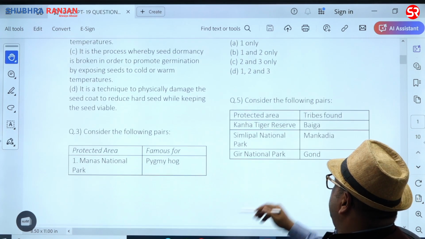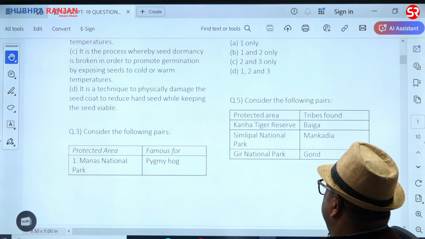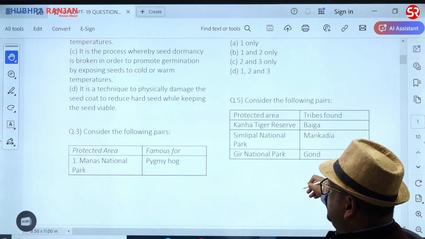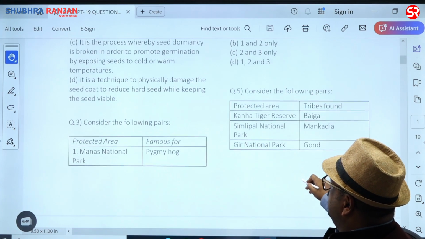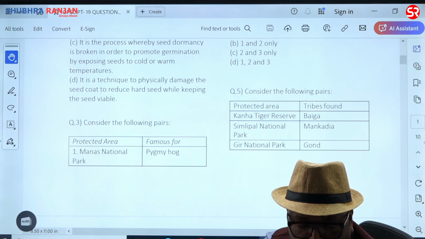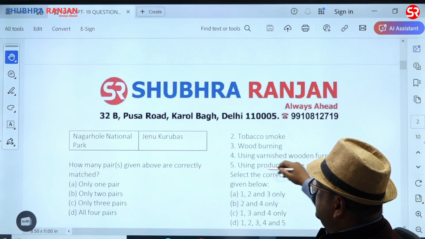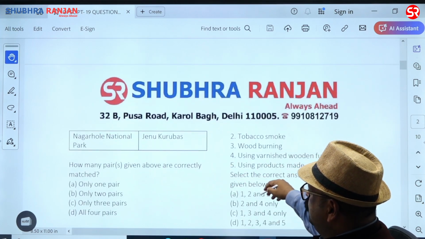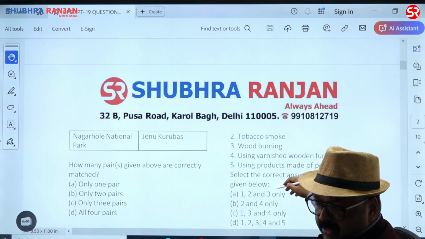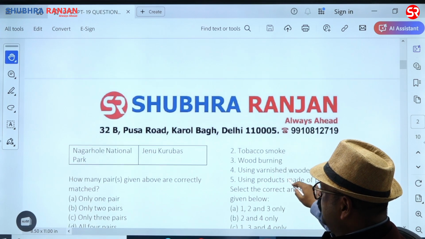Question number 5. Kanha Tiger Reserve, Baiga; Simlipal National Park, Mankadia; Gir National Park, Gond. These are the tribes you will find in these national parks. Let's see the options. There is Nagarhole National Park, Jenu Kurbas, and the right option is that 3 pairs are going to be correct.